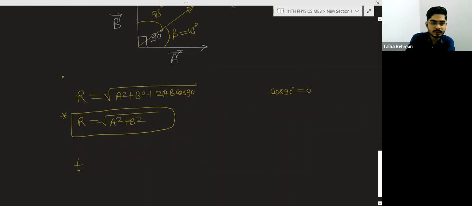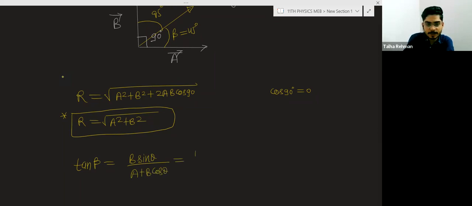So what is tan beta? It is B sin theta over A plus B cos theta.